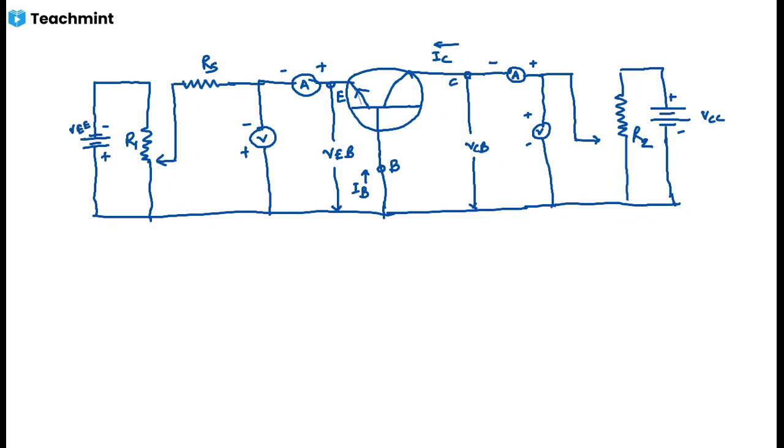And there is the ground. So this is the circuit arrangement for input and output characteristic curves in CB configuration.